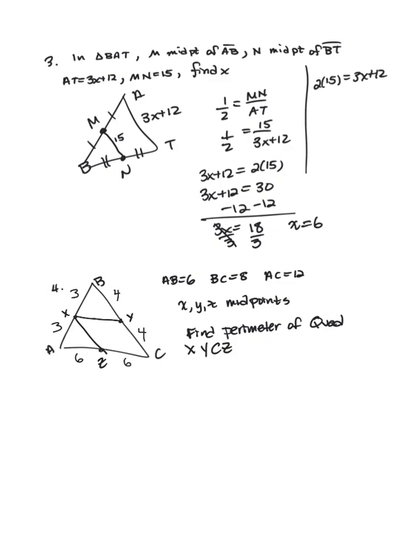Well, you need to know that ZC is the same as XY, because think about it. XY is half of this base. So it would stand to reason that it would be 6, which is half of the base. And then it would stand to reason that this would be 4. And then you just add them together, so you get 20.